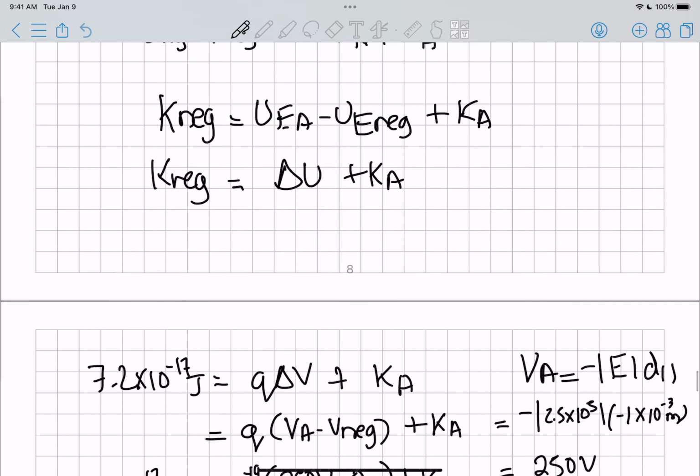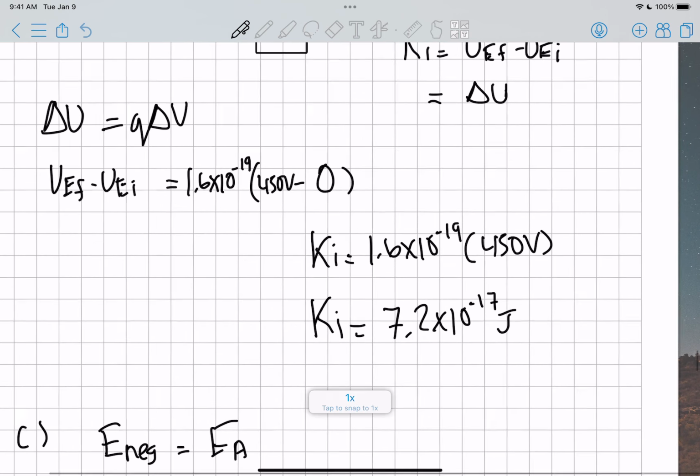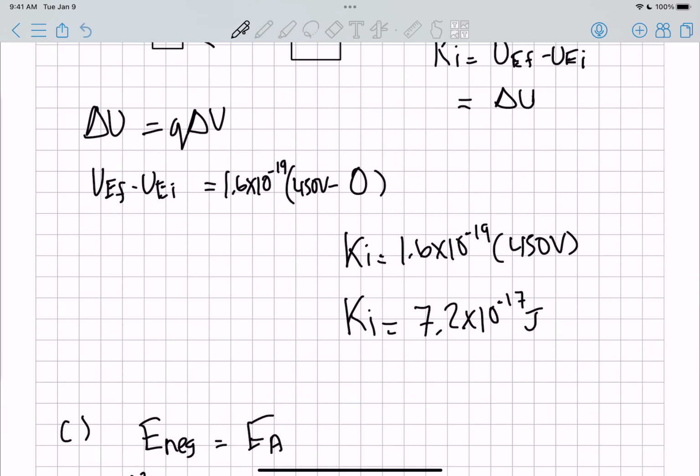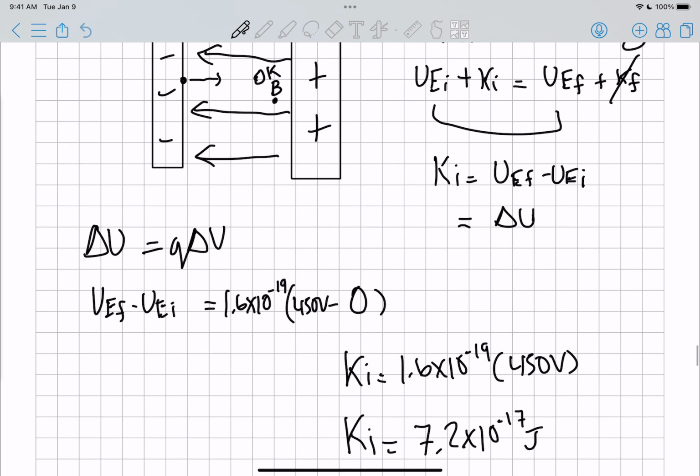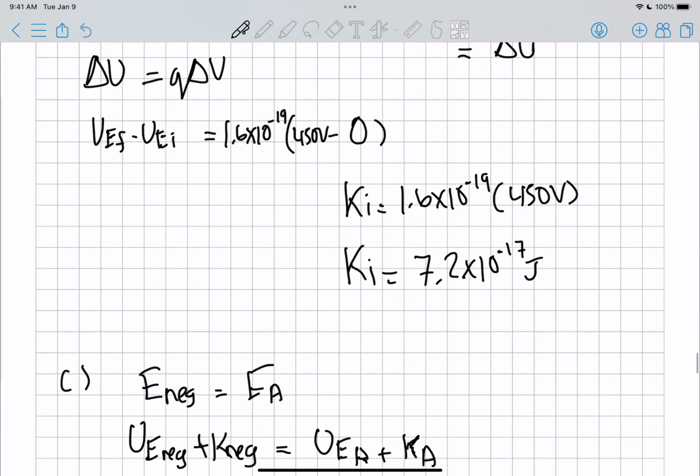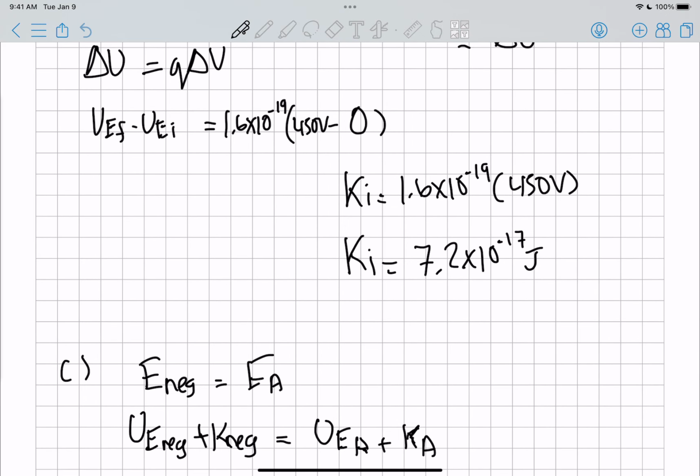Yeah, so the 7.2 was the initial kinetic energy from the negative plate, when the proton is coming in. And so we're using that, which is just the kinetic energy at the negative plate when the proton enters the hole. And that makes sense as well from earlier, how we figured out the initial kinetic energy.